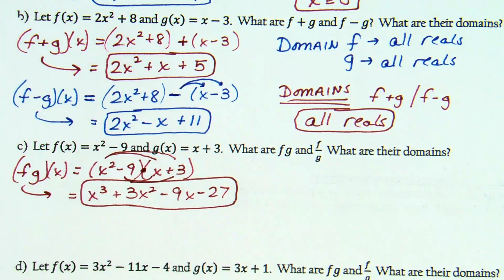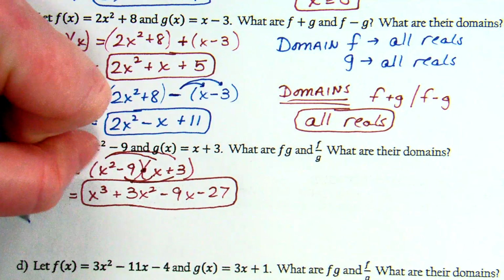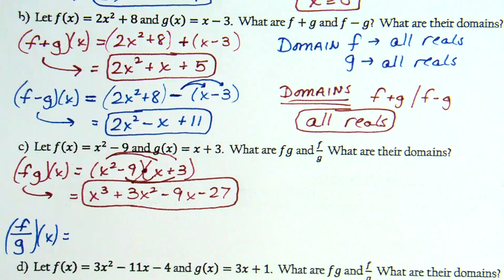Let's talk about F over G, meaning we're doing F divided by G. So what do I set up?